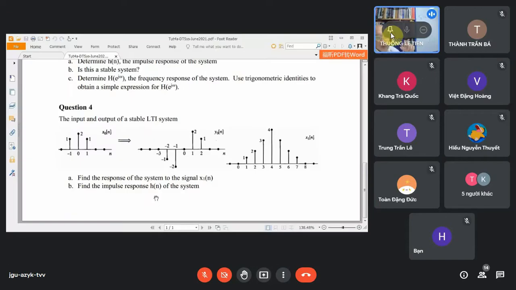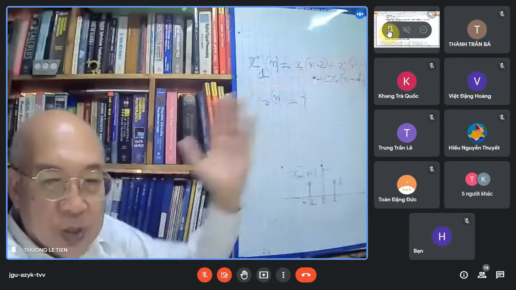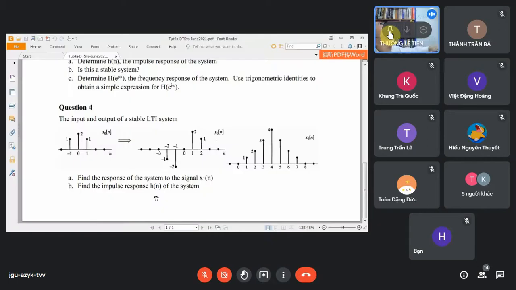So if we map the E0 into the S1n, then the left term should be E0 n minus 2, the most right hand side should be E0 n minus 6, and the center should be 2 scale of E0 n minus 4.